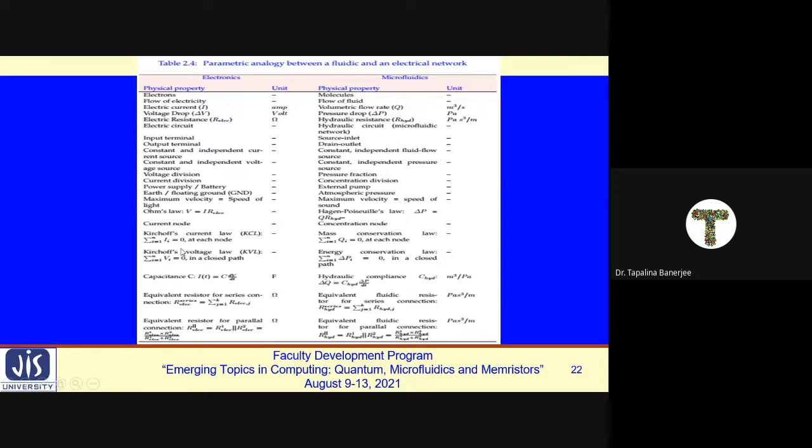So you can see that KCL and KVL, which are applicable in our electronic circuits, are also applicable in our microfluidics because of this similarity. So the equivalent resistance for series connection can be calculated in microfluidics too. How? Equivalent fluidic resistance. Okay, it may be of series connection, may be of parallel connection, etc.